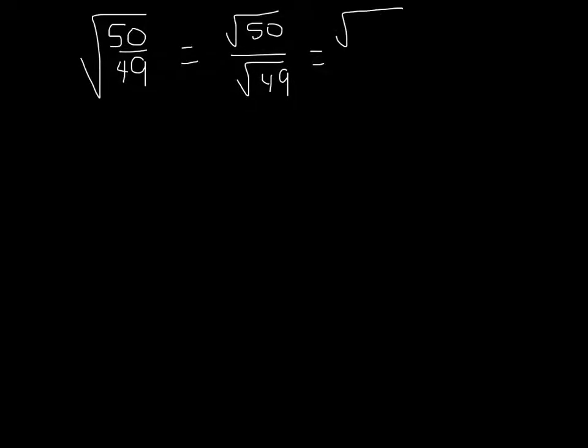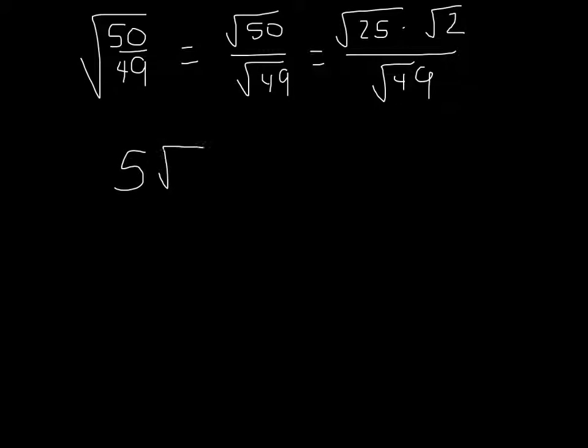The square root of 50 can be separated into the square root of 25 over the square root of 2. And that's all divided by the square root of 49. 25 and 49 are perfect squares, so we now have 5 times the square root of 2 over 7. And that's the answer to that one.